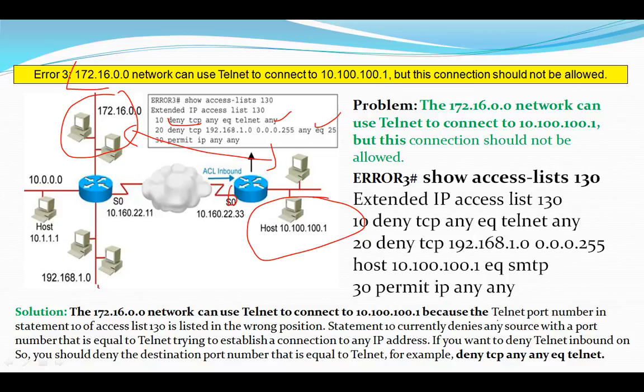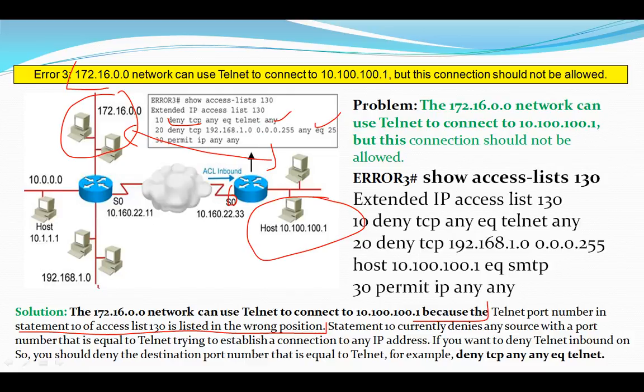For the 172.16 network, the telnet port number in statement 10 of access list 130 is listed in the wrong position. You should know how it is mentioned.